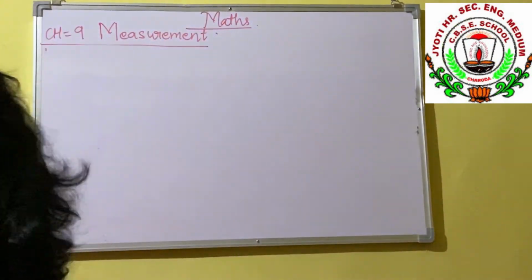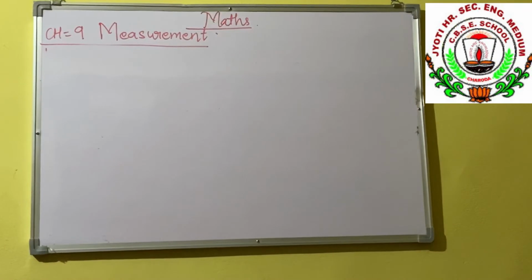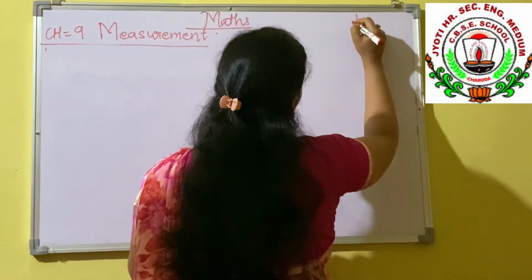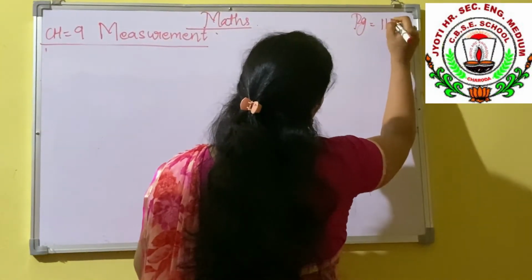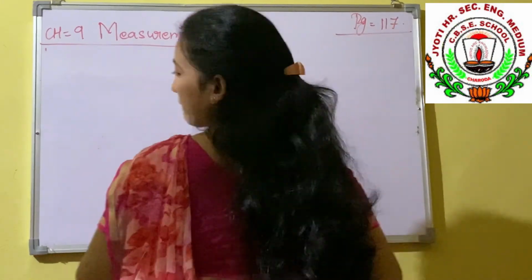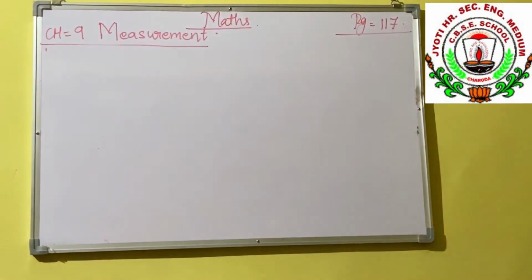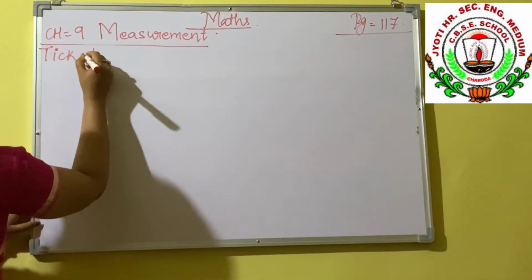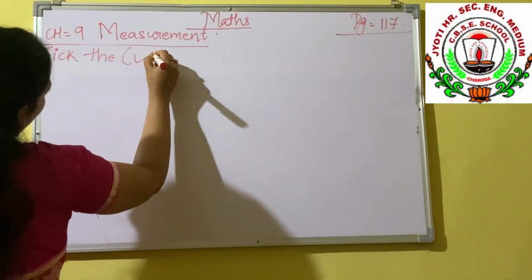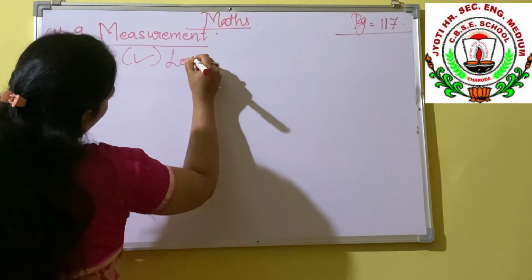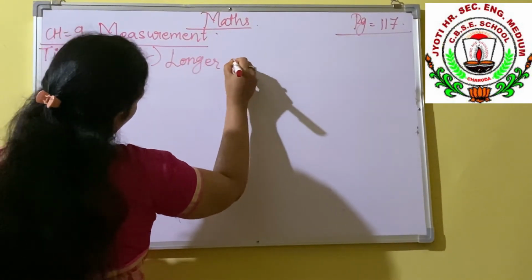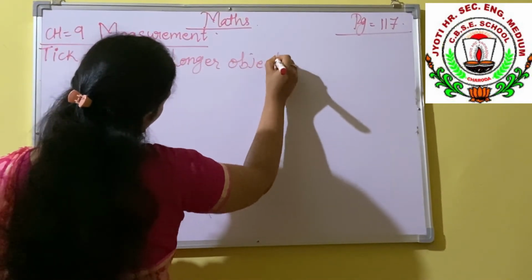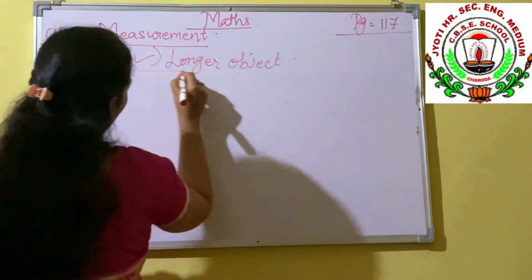Now take out the page number. Our first topic is longer and shorter. Here, take the longer object. We have to take our longer object.